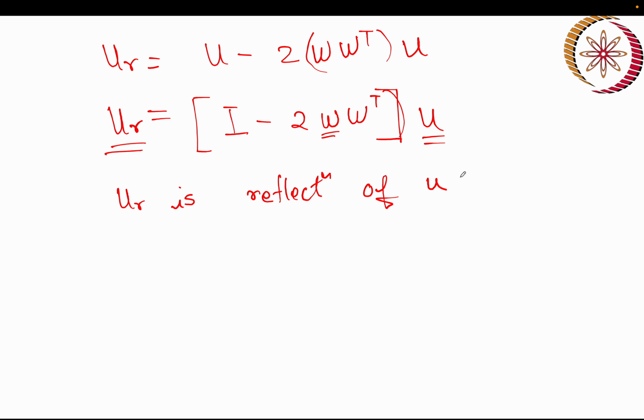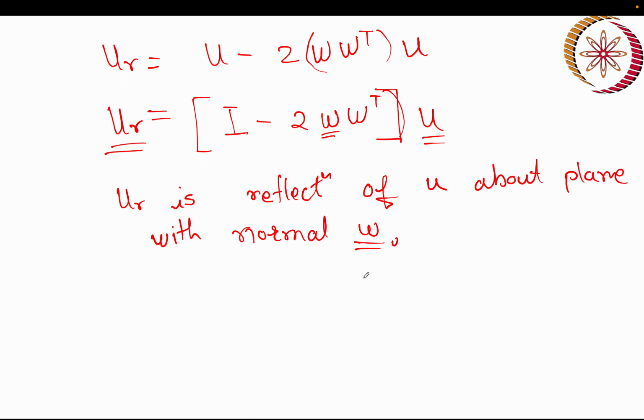So UR is a reflection of U about a plane with normal W. This normal vector W defines a plane. You can see that this matrix is a matrix transformation which transforms U to UR.